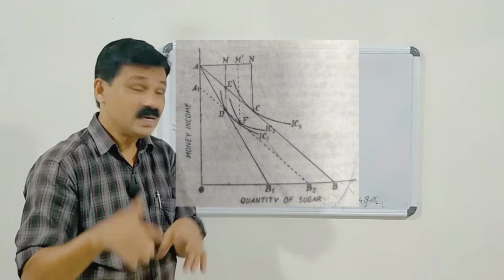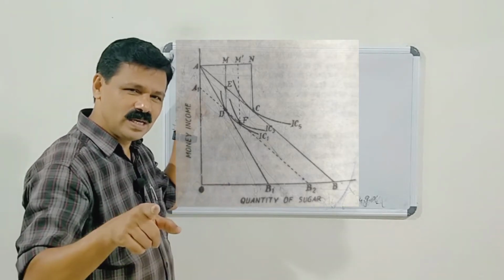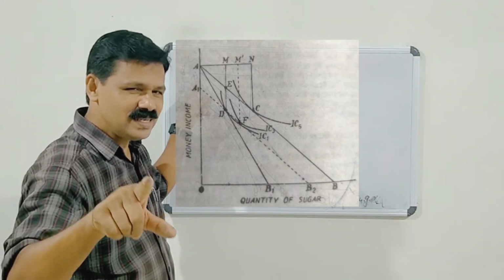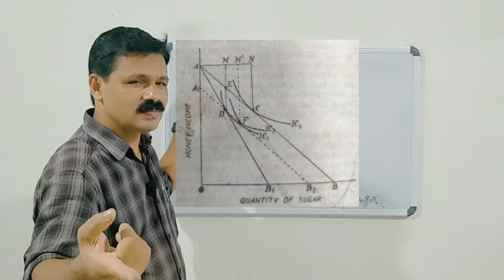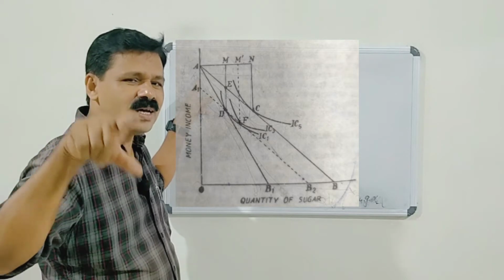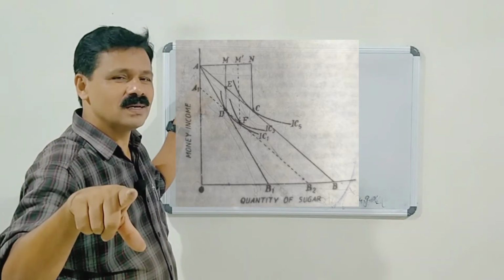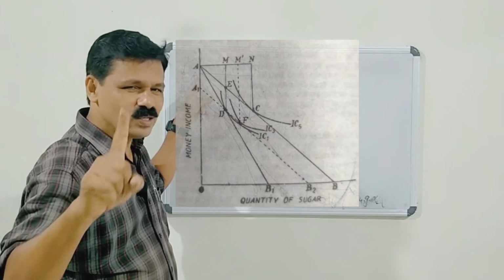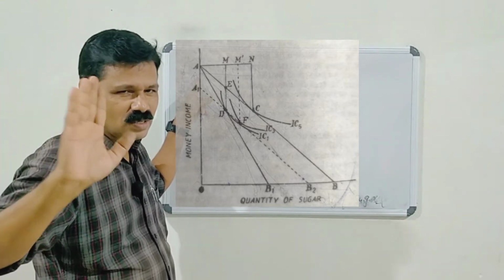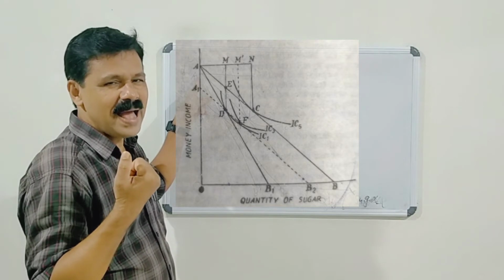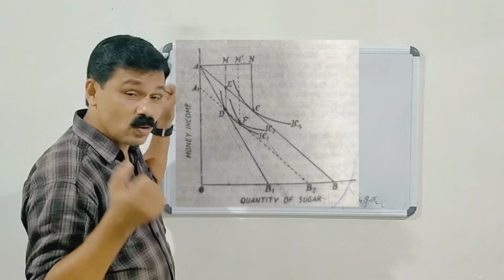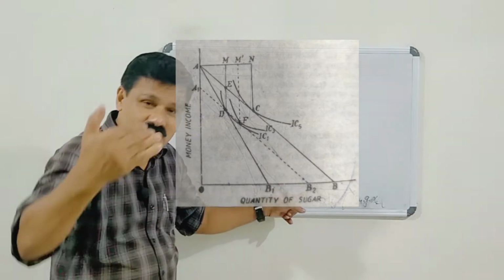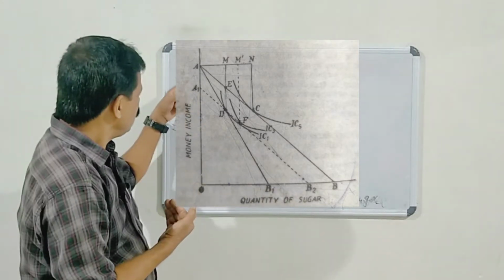Here also, if the government levies excise duty or GST upon sugar, the price of sugar will be increased, no doubt, by the full amount of the tax. And if it is so, the original price line AB will be shifted backward to AB1.